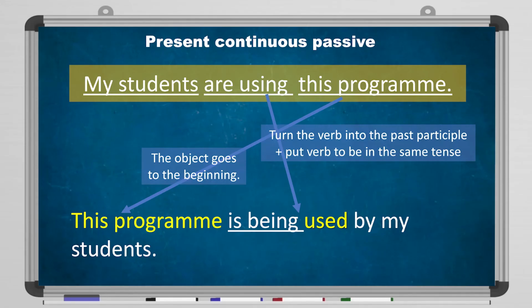If the verb in the original sentence has ing, you will automatically put being after the verb to be, is or are. And then you will put the verb in the past participle. So it will be, this program is being used by my students. And here it's really important to mention the subject. That's why we added by my students.